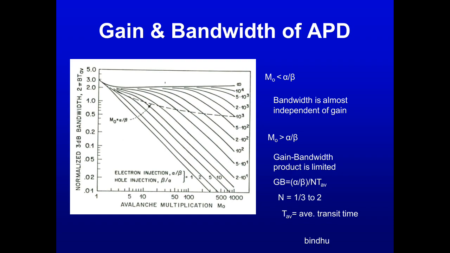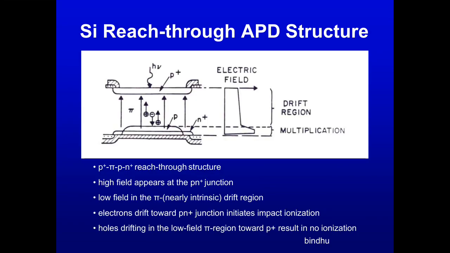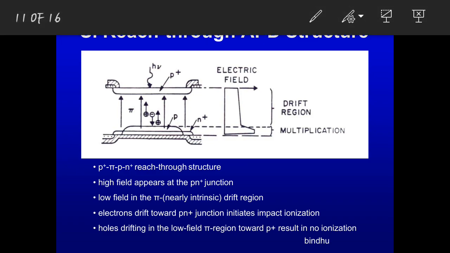GB is equal to alpha by beta, times n into T_AV. Here n is the normalized bandwidth, calculated by 1 by 3 to 2. T_AV is called the average transit time taken for the electron and hole recombination. This is how you can look at the APD structure: P plus, pi, P and N plus regions.